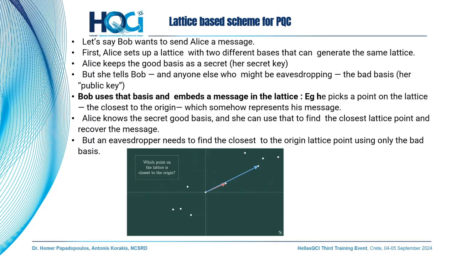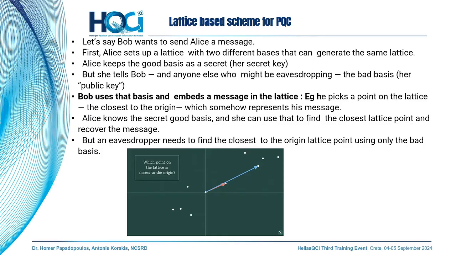But if an adversary intercepts this message, it's very difficult to find how to create that from these two parallel bases. In that case, only Alice can do it in a time frame that is within our lifetime. So this is how it works.